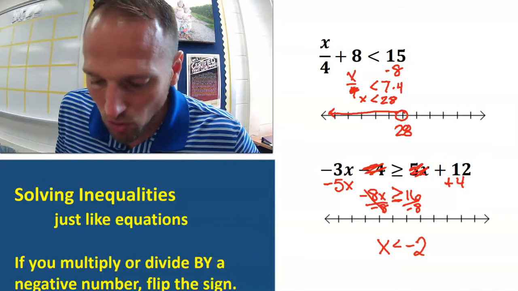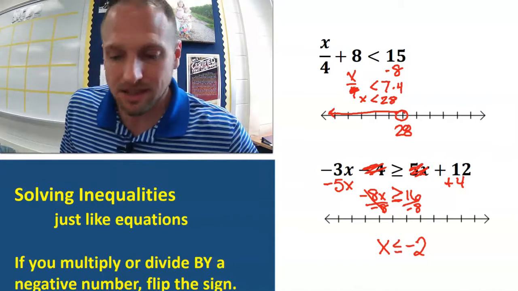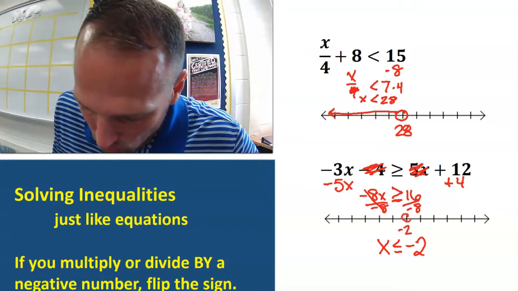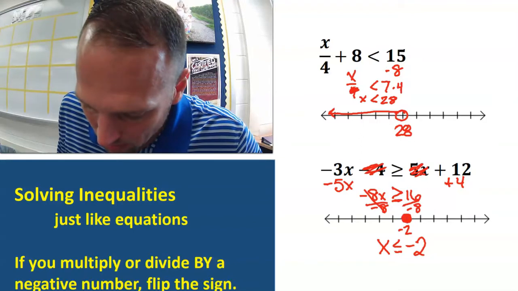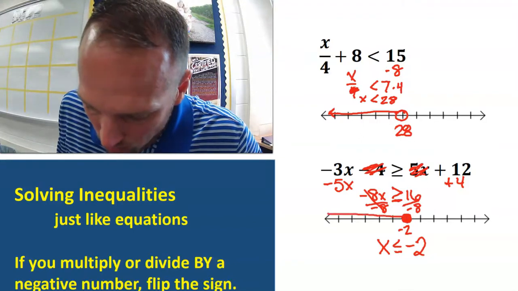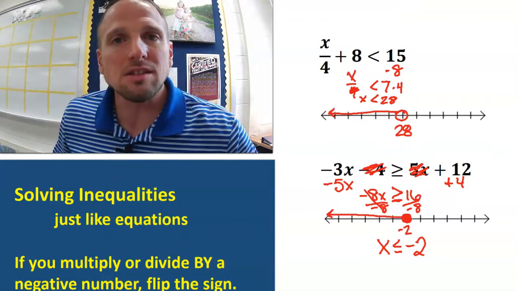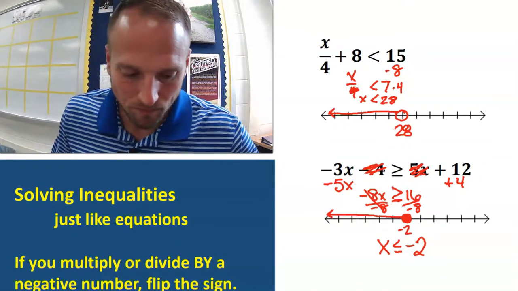So instead of greater than or equal to, this becomes less than or equal to negative 2. So I'll just call this point right here negative 2. Extra mark, make it dark, so I got to fill that in. And the arrow is pointing to the left right there. Okay? X is less than or equal to negative 2.